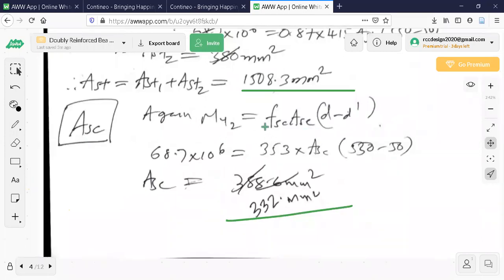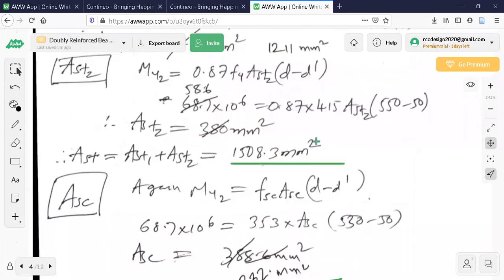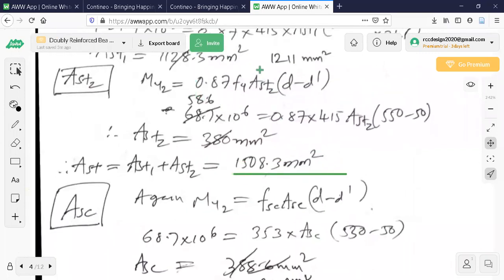Now it is Cu2 into lever arm. This was Tu2 into lever arm. You can see this one. Again and again I am repeating this.